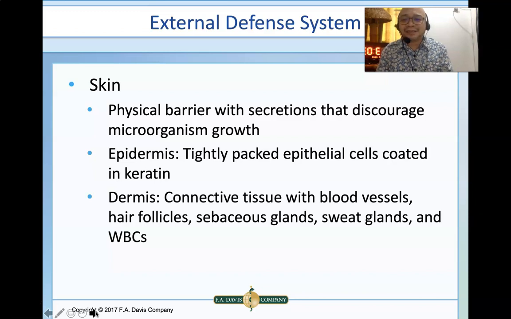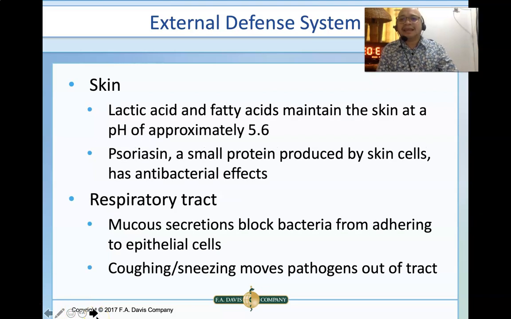And then the dermis is made up of connective tissues with blood vessels, hair follicles, sebaceous glands which produce sebum or fatty acids, sweat glands, and even WBCs. The skin, lactic acid, and fatty acid will maintain a pH of approximately 5.6, so that's very acidic. And there's a particular protein known as psoriasin, which is produced by skin cells.